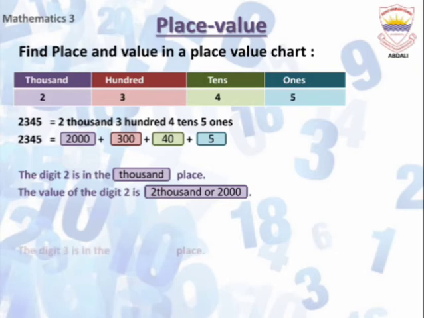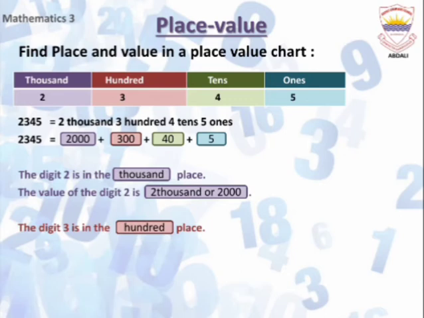The digit 3 is in the place. What is the place of digit 3? Students, tell me, which place does it have in the table? The place of the digit 3 in the table is 100.